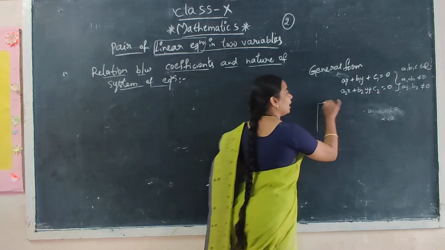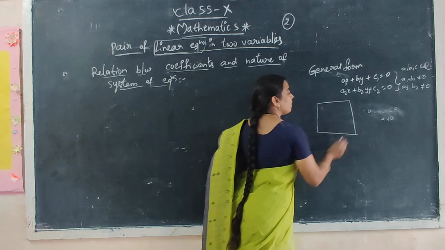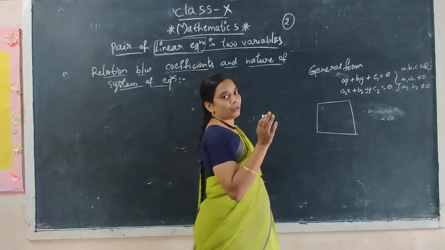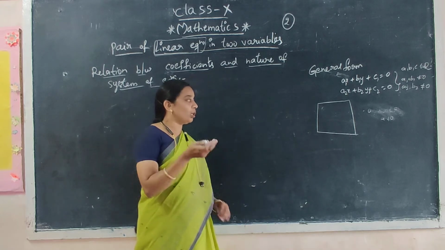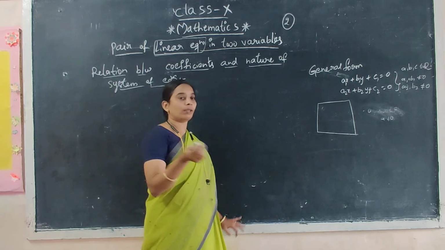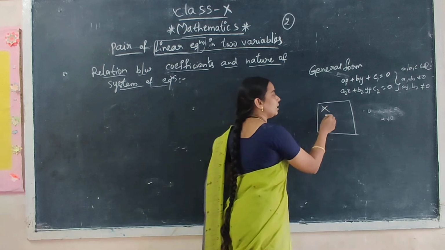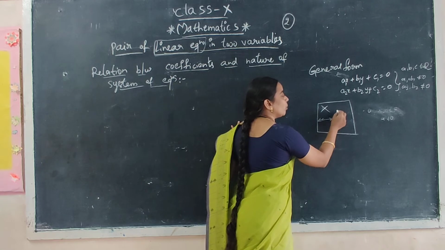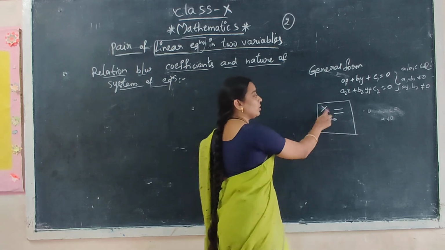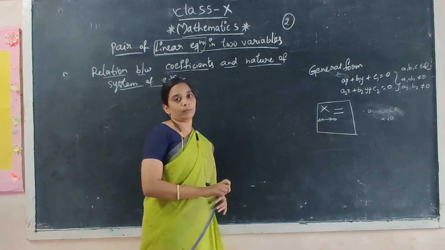In a plane, only three situations are possible: the two lines are intersecting, or coincident to each other, or parallel.